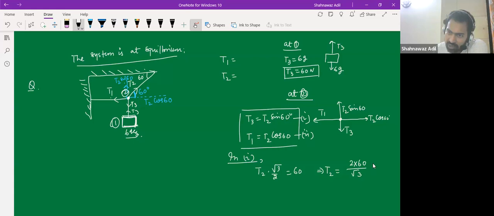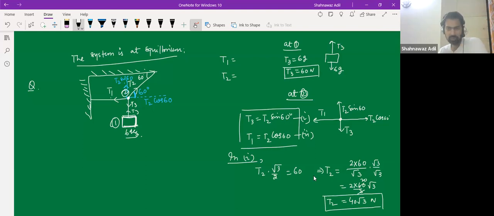We multiply by root 3 to rationalize, this is 3, so T2 becomes 40 root 3 by 3. Clear, everyone?